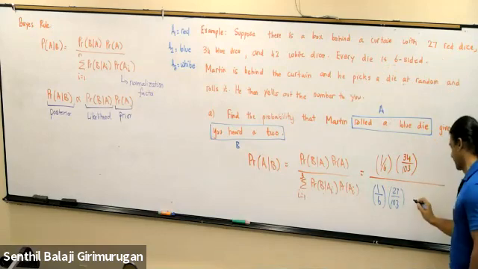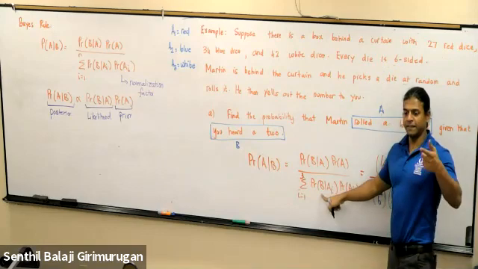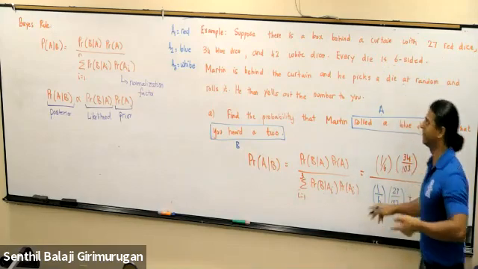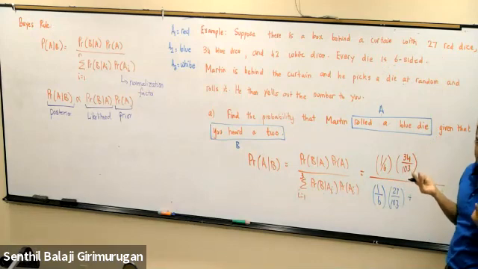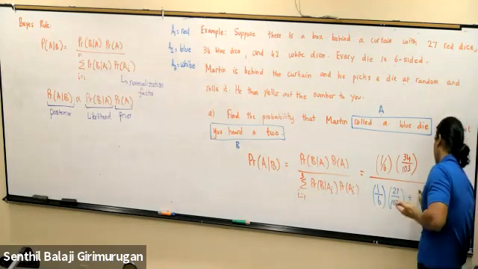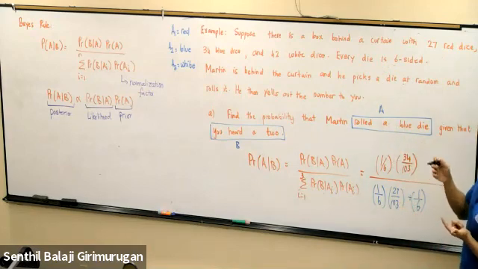Yes. Plus, when i is 2, the probability that you get a 2, given you pick a blue die. What is that? 1 out of 6. And what is the probability of picking a blue die? It's 34.